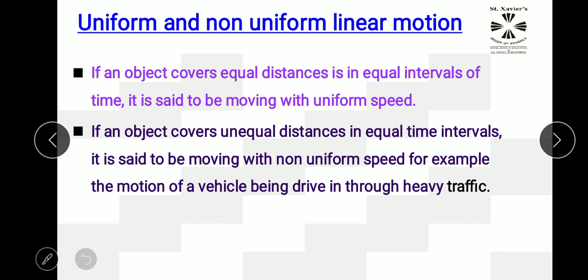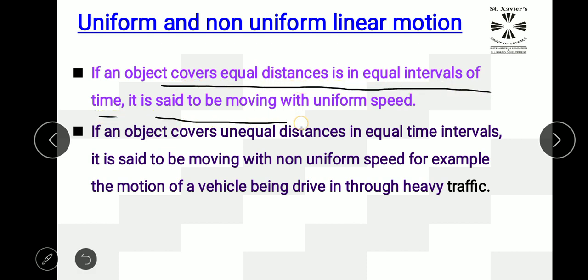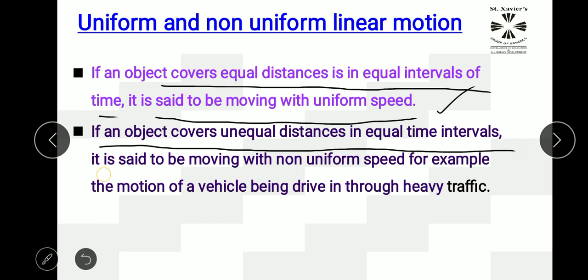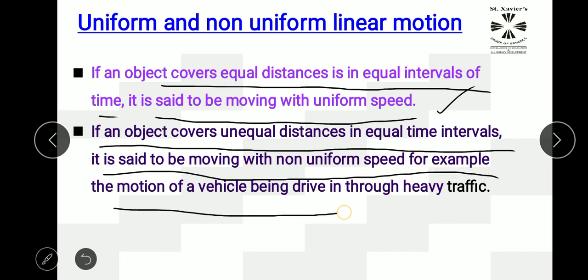If an object covers equal distance in equal intervals of time, it is said to be moving with uniform speed, students. If an object covers unequal distance in equal intervals of time, it is said to be moving with non-uniform speed. For example, the motion of a vehicle being driven through heavy traffic.